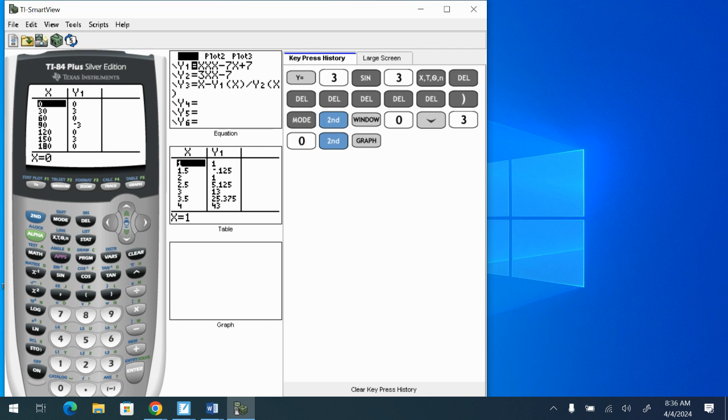But what you see occurring here is I go from 0 to 3 to 0 to -3, 0 to 3, 0, and to get beyond 180, all I have to do is use my down arrow. I use my down arrow, I go 210, then 240, then 270, and so on.